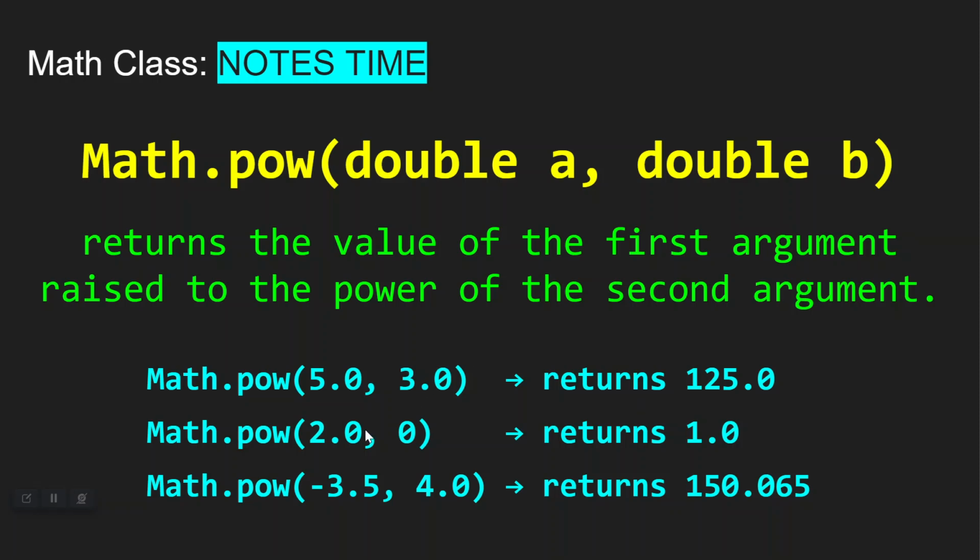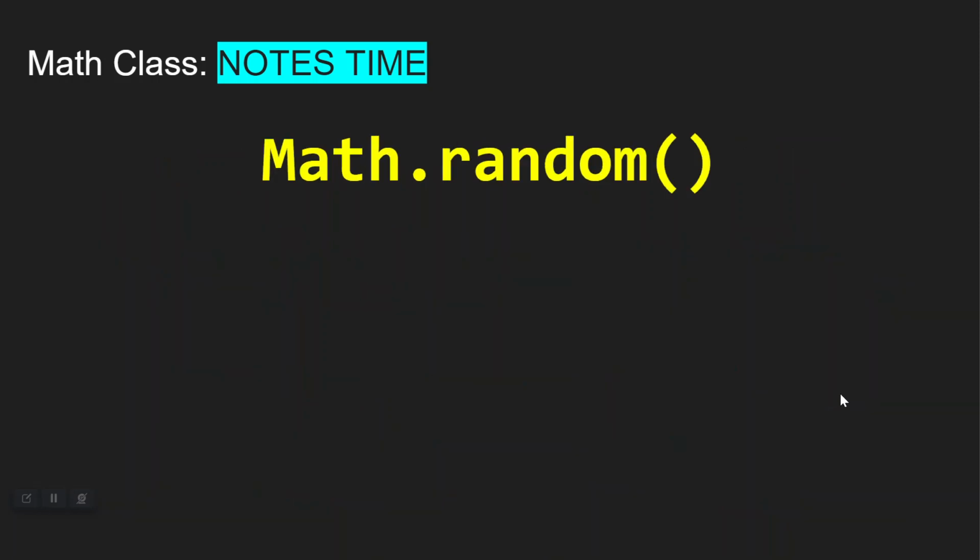Of course, any number taken to the 0 power is always just 1, so 2.0 to the power of 0 returns 1.0. And Math.pow of negative 3.5 to the 4th power returns this number over here. So there you go. Once again, pretty straightforward.